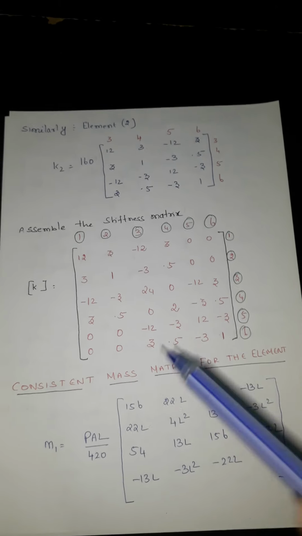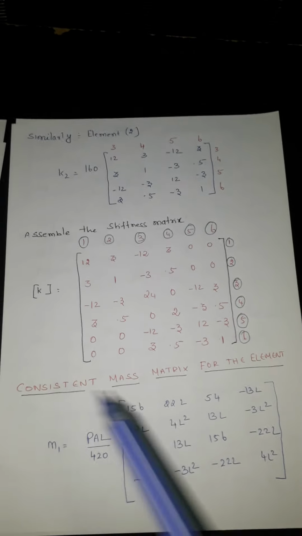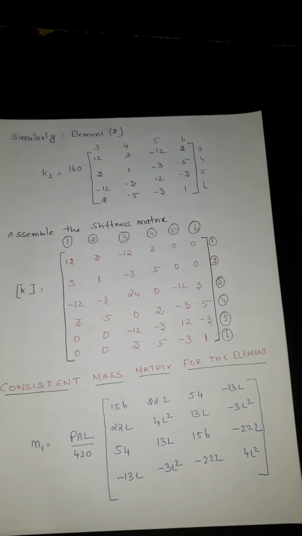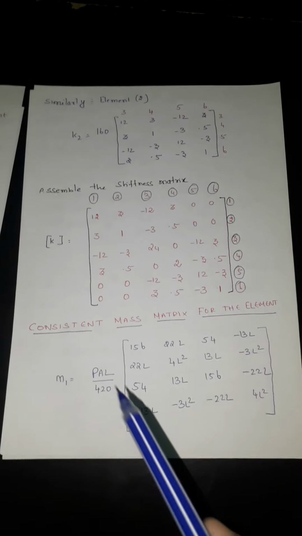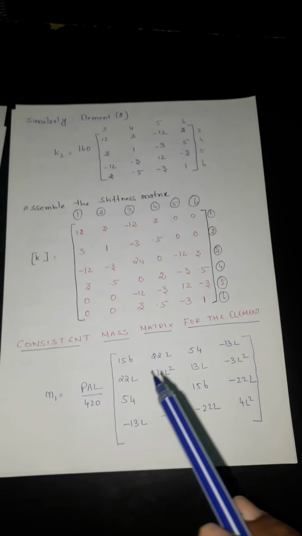Now, what next for vibrations? You have to find the mass matrix. Here I am using the consistent matrix. I am not using the lumped mass matrix. You can use it, nothing wrong in that. You can use both and compare. So this is the formula, rho AL by 420, and this is 156. In this L we have to substitute the 0.5 value, because 0.5 is the length given.